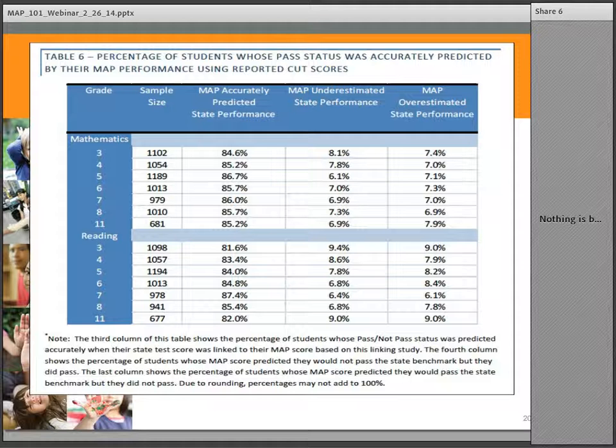Now there's close to 1,000 students. So basically what we can say right here is that it was very insignificant, the number of students that underperformed. And about an equal amount overperformed too. So exactly. 86% accuracy. Okay. That is really exciting.